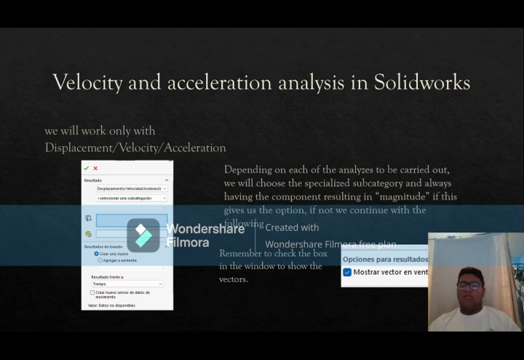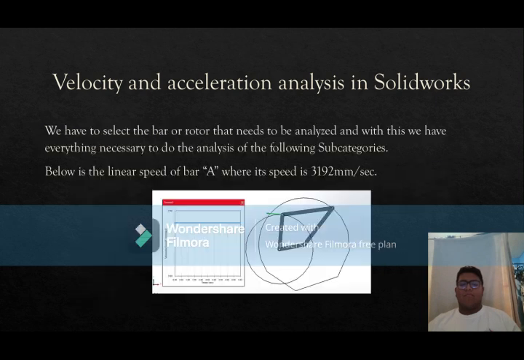If not, we continue with the following. Remember to check the box in the window to show the vectors. We have to select the bar or rotor that needs to be analyzed, and with this we have everything necessary to do the analysis of the following subcategories.